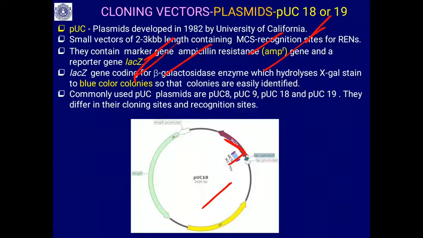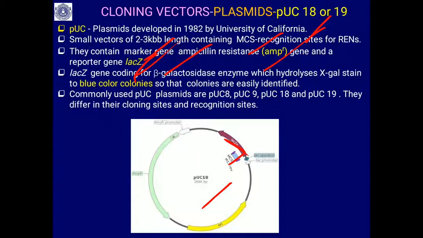If we insert our gene of interest in the lacZ segment, this enzyme cannot be expressed, so we get white colonies. That is the difference. With the help of the color of the colony, we can easily pick the colonies, and we can confirm that white colonies carry our inserted gene, because they cannot produce beta galactosidase.